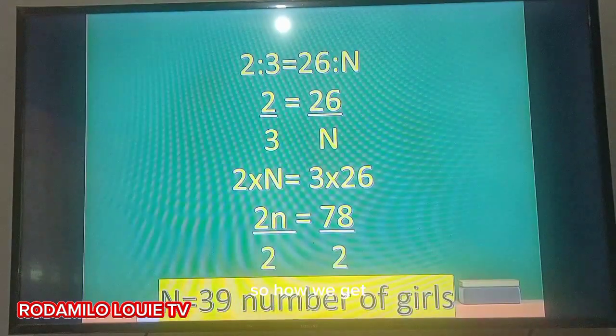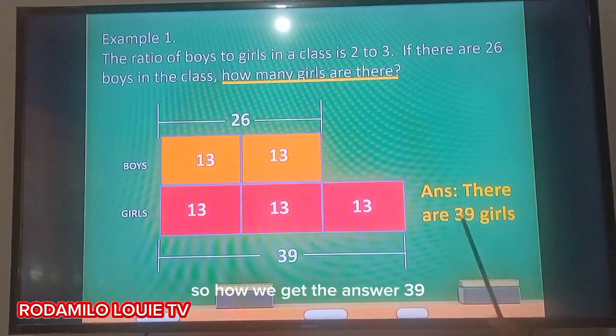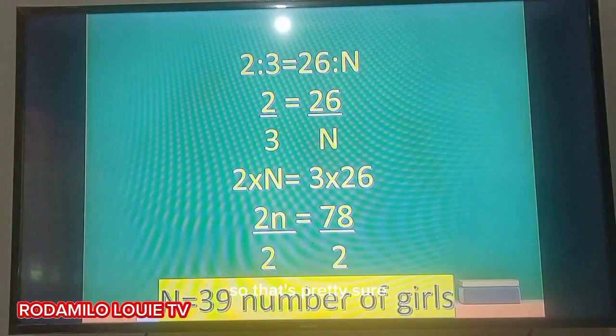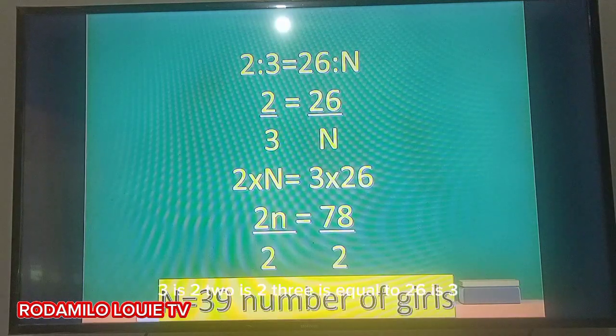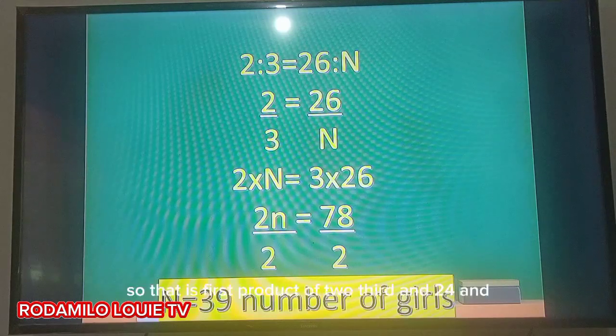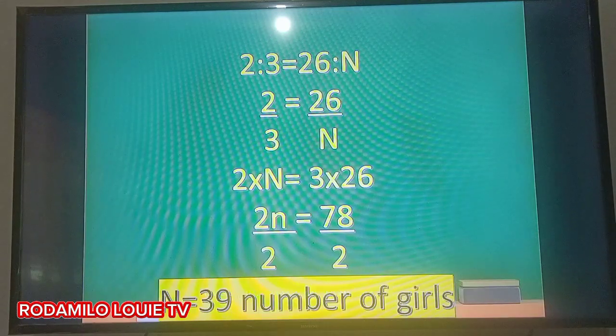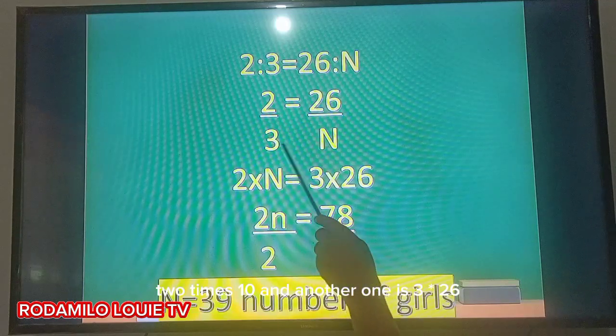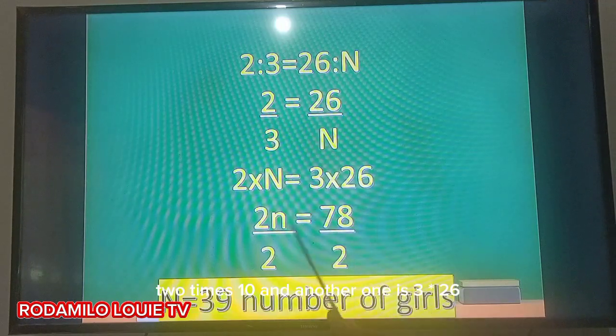So how do we get the answer 39? Let's have the ratio. 2 is to 3 is equal to 26 is to n. So that is the cross product of 2/3 and 26 over n. 2 times n, and 3 times 26.